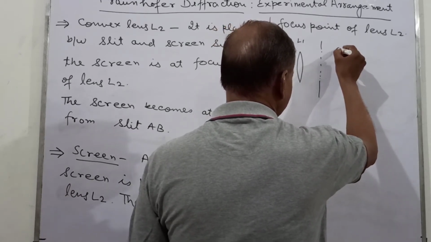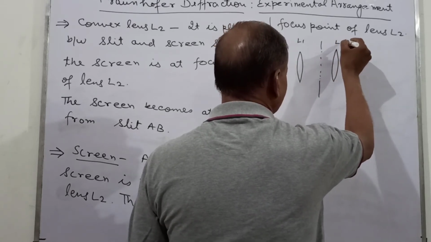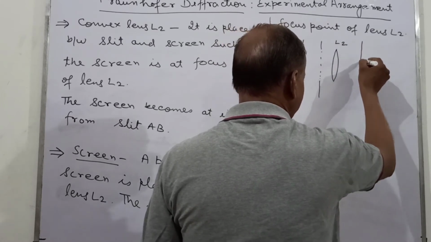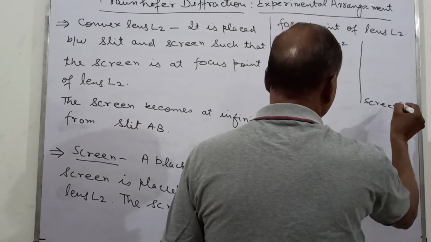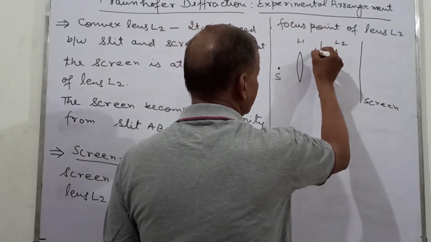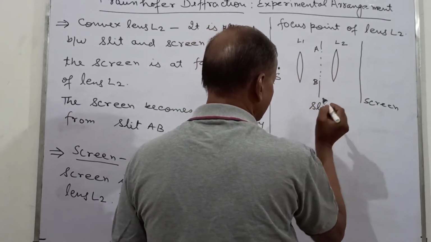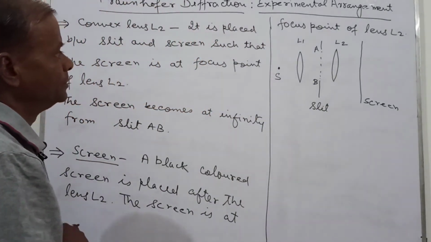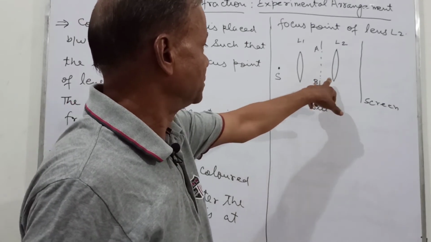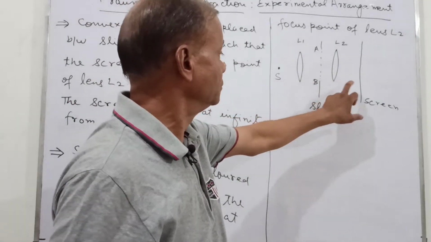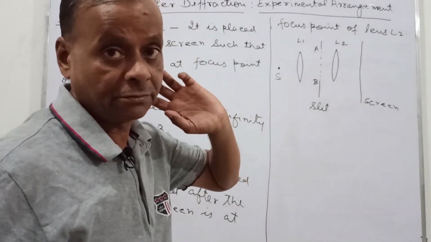This is the lens L2 and this is the screen. This is the experimental arrangement. This is the light source. This is the lens L1. This is the slit AB. This is the lens L2. This is the screen. So 1, 2, 3, 4, 5. So 5 things are required.